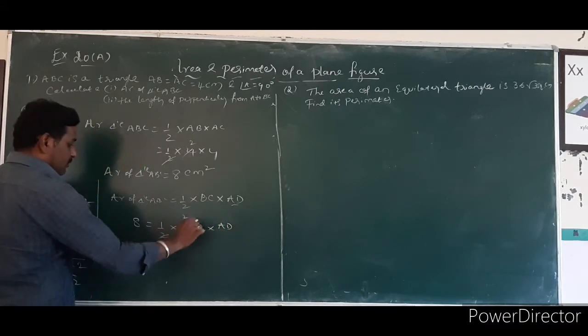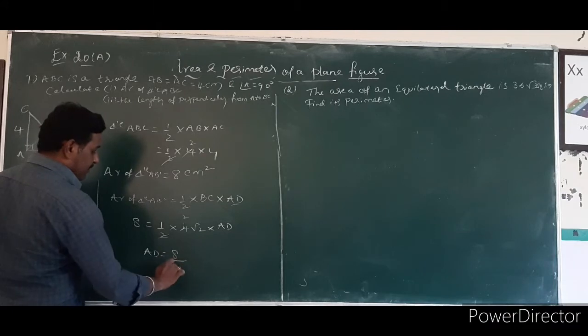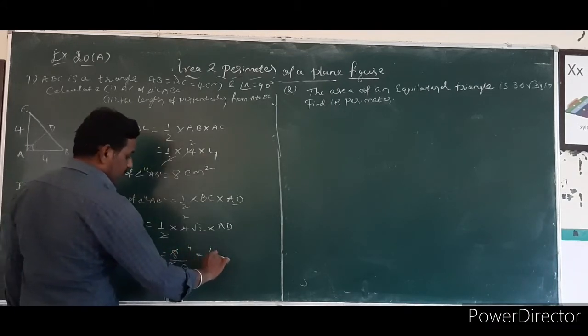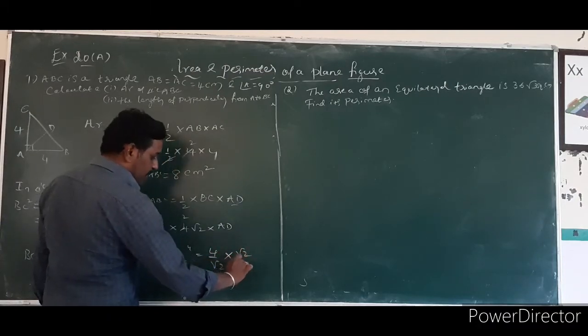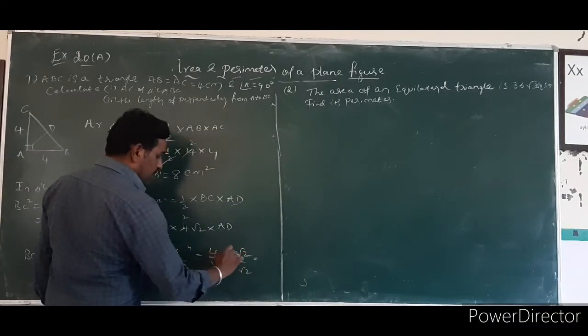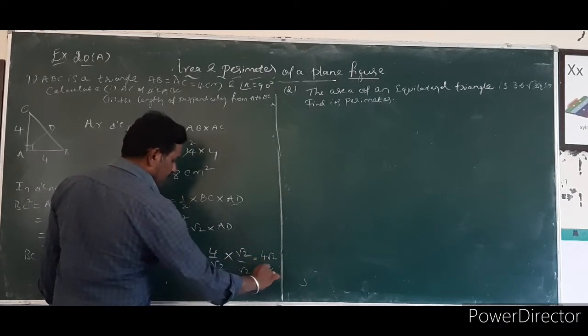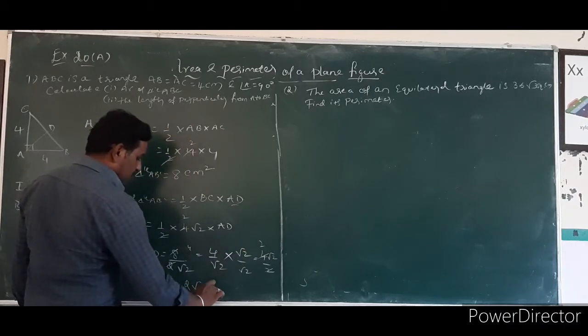To 1s are to 2s are, that is AD is equal to 8 divided by 2 root 2, 2s are to 4s are, that is 4 divided by root 2. Rationalizing, root 2 by root 2, 4 into root 2 divided by 2, 2s are to 4s are, that is answer is 2 root 2.